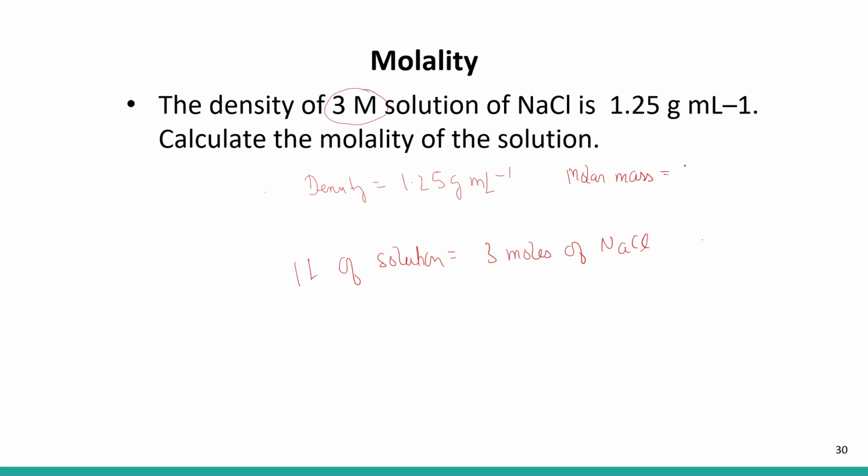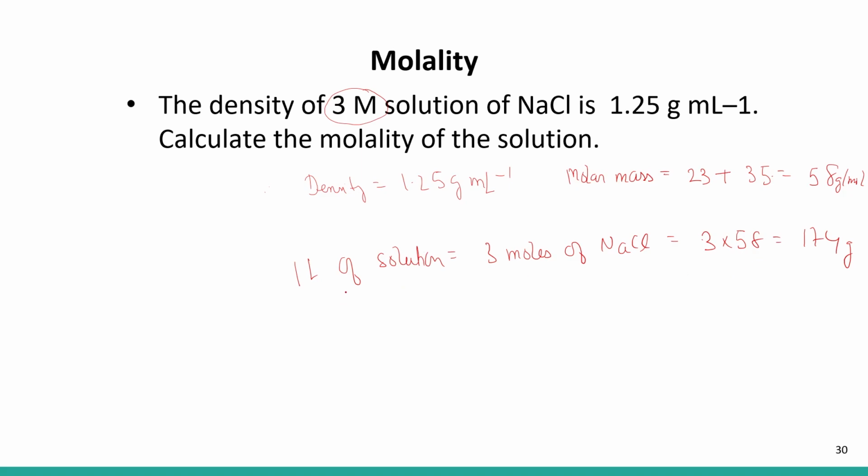For sodium it is 23, plus chlorine it is 35.5, so 58.5, roughly 58 gram per mole. So I multiply it: 3 into 58. We will get 174 gram. So this is the mass of sodium chloride present in 1 liter of that solution.